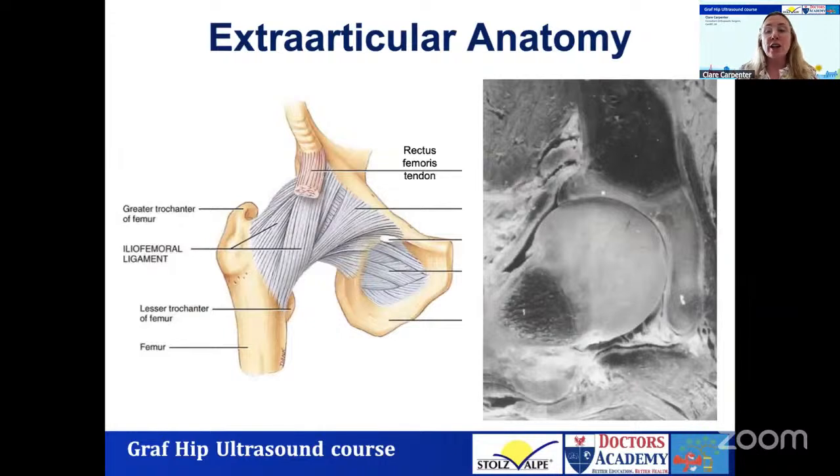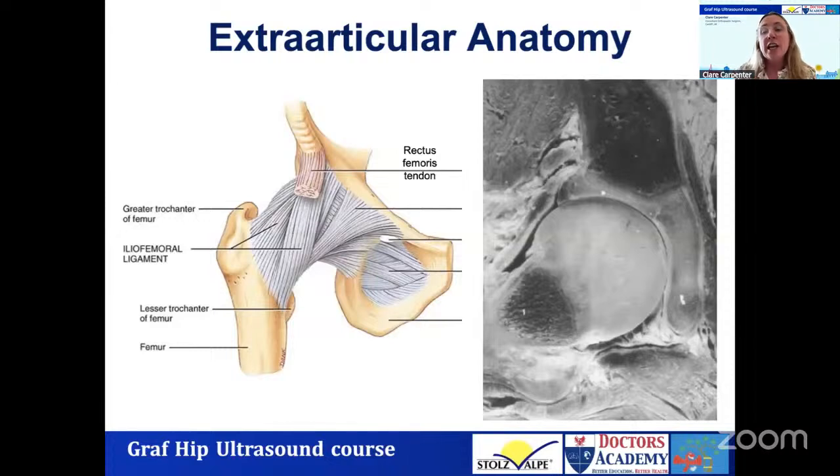If you go to extra-articular anatomy, you have a thickened capsule, which has intracapsular structures which become, as we know, the stabilizing ligaments of the hip. And the largest one we see is the iliofemoral ligament. In this histological, cadaveric sample alongside it, you can see thickened parts of the capsule, which can then be highlighted within the ultrasound.